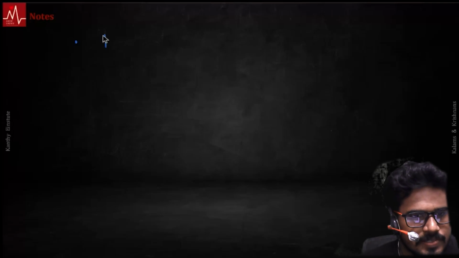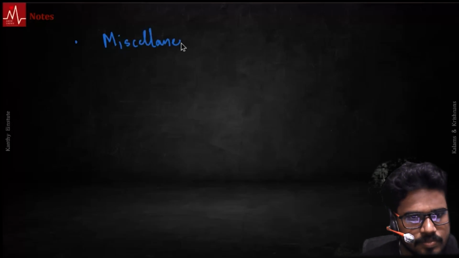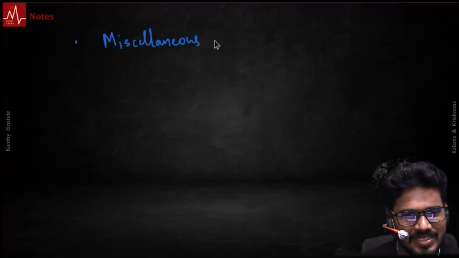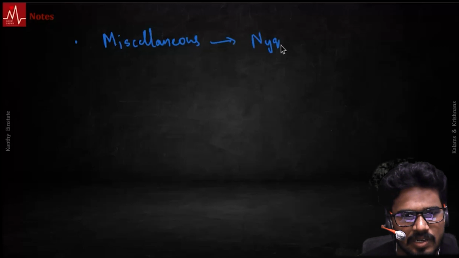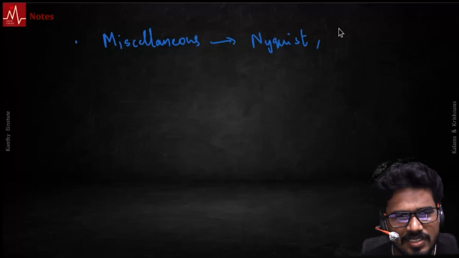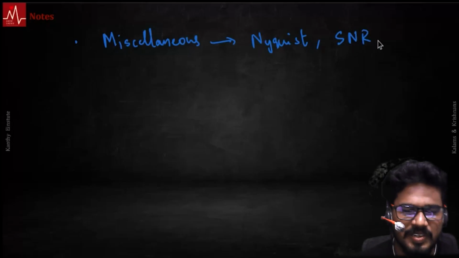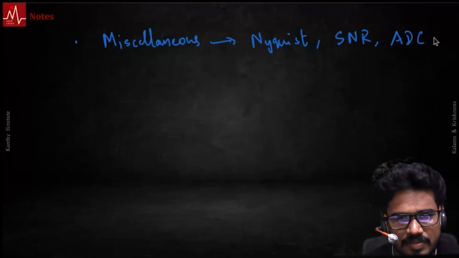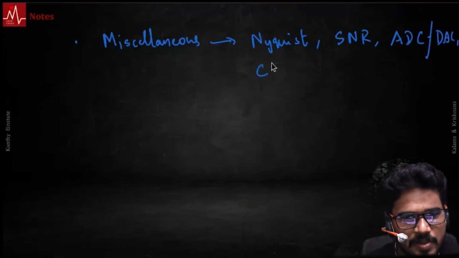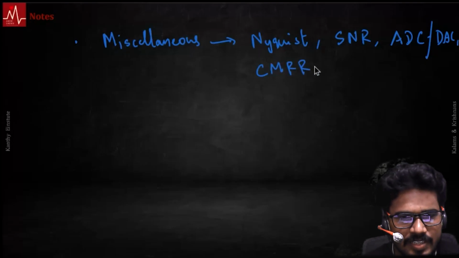There are miscellaneous topics like the Nyquist criterion, SNR, SQNR, ADC, DAC, and then CMRR. Notice that in this case they had SQNR.